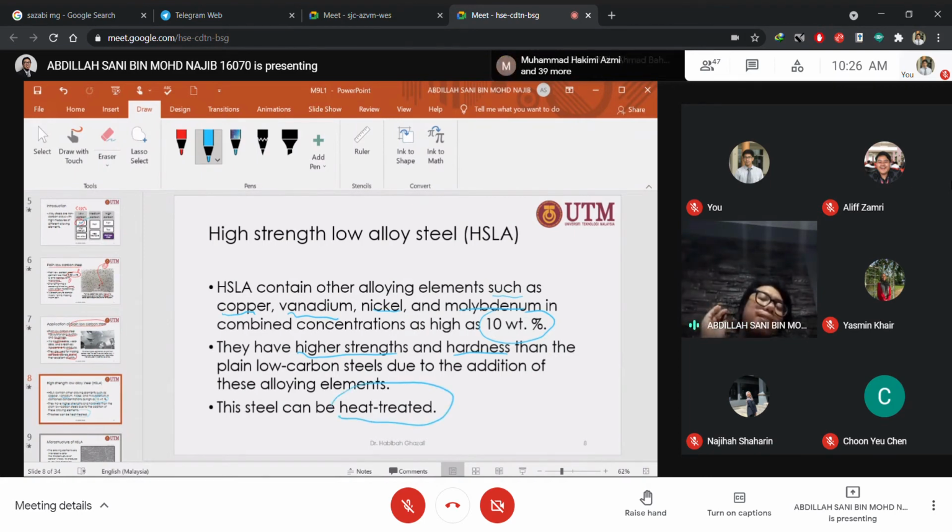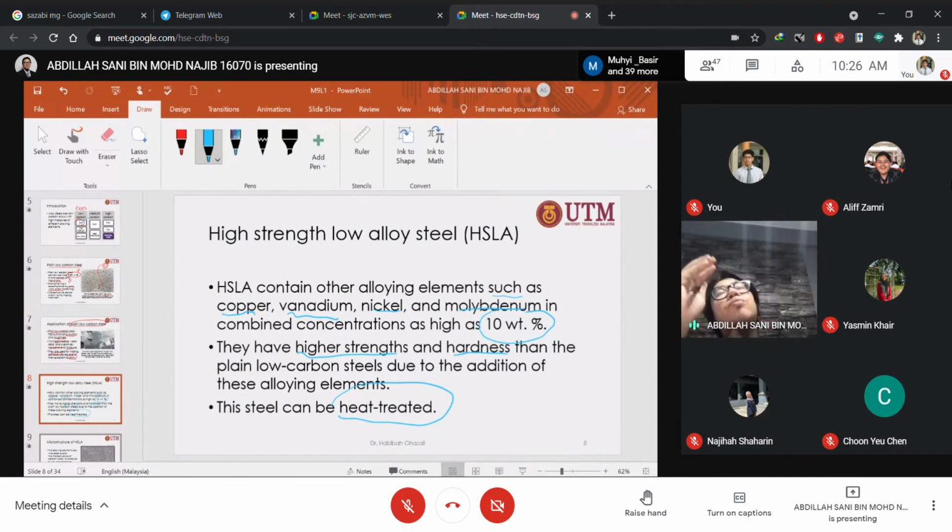So when we relate to heat treatment, heat treatment means we use the heat to alter the microstructure, and of course, when the microstructure changes, the properties also change. So just by manipulating the heat, we alter the material.